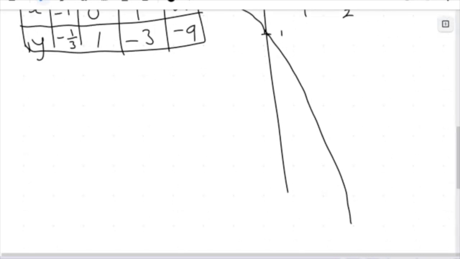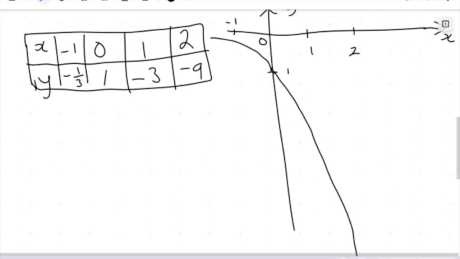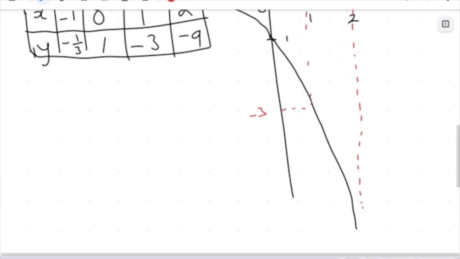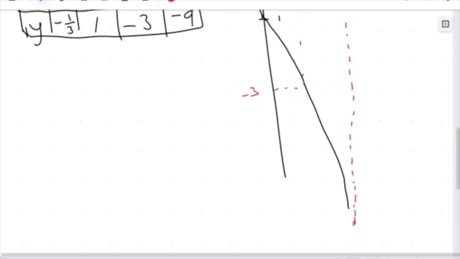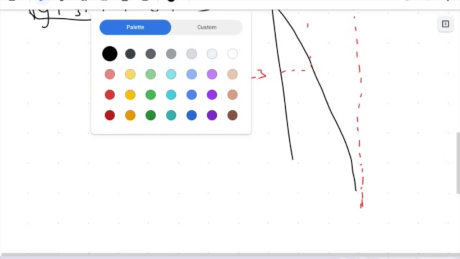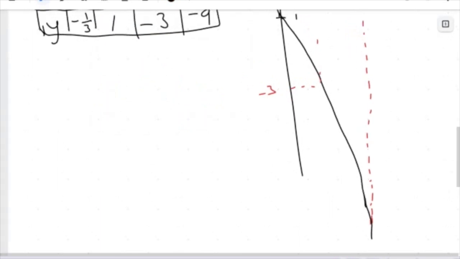Let's actually draw this in a slightly different way. It's going to look sort of like this, because when x equals 1, y equals about negative 3, and when x equals minus 2, all the way down here, if I extend my graph a bit more, obviously this is going to look a bit better to scale, I'm just doing these as an approximation right now, my y is going to equal negative 9.